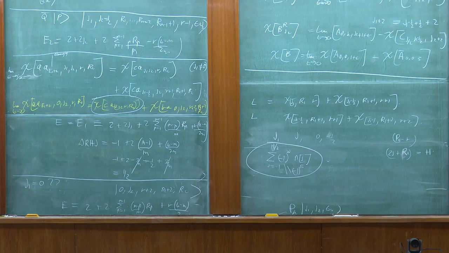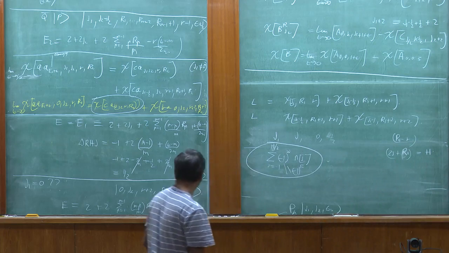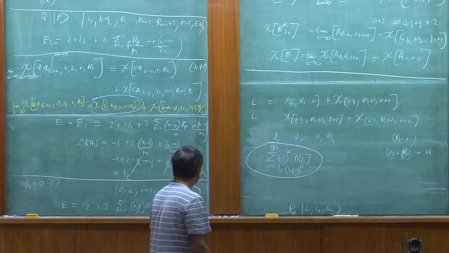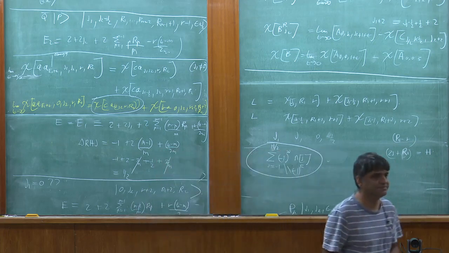So equivalently, you sum along this chain weighted by minus 1 to the power fermion number. So this is beginning to sound a little bit like a Witten index. Right? In fact, it is a Witten index. It's a version of the Witten index that is called the superconformal index. Okay, but before I go on to that, maybe we should do that next time. But first, any questions or comments?